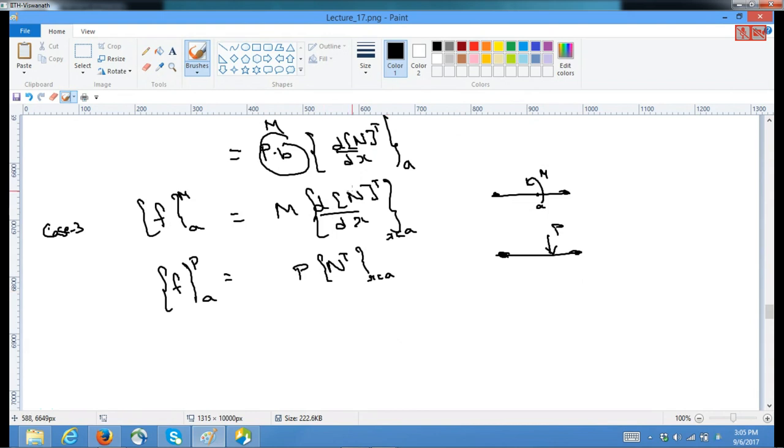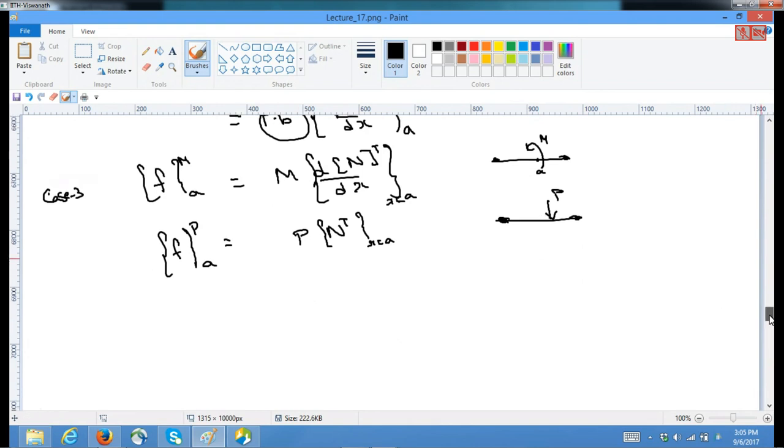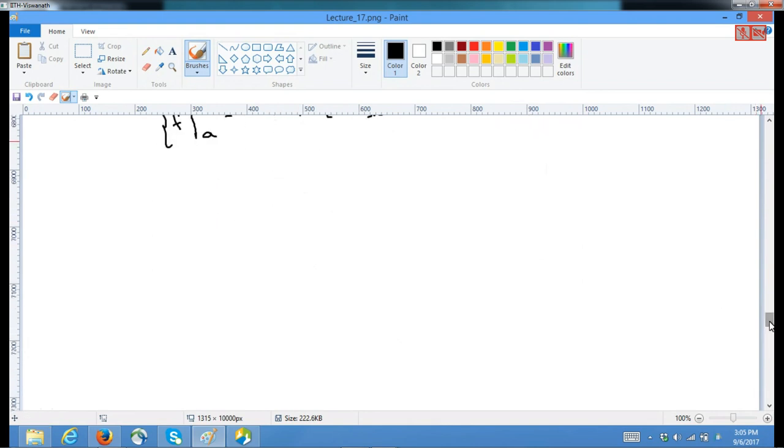So for moment, it is the differentiation of the shape functions times the moment. For the vertical transverse loads, it is the point load multiplied by the shape functions evaluated at that given place. So in this manner, we are able to calculate our point loads appearing in between the sections, distributed loads, or the point loads matching with the endpoints, and so forth.